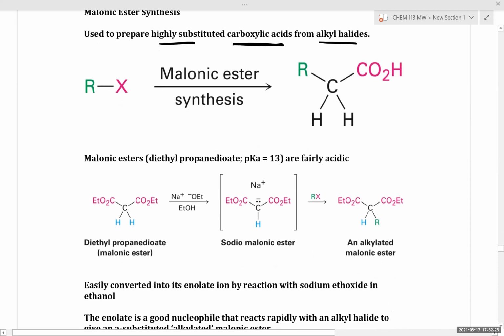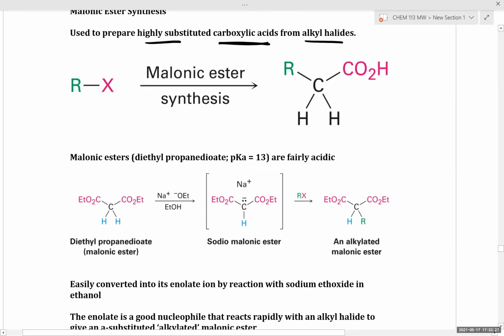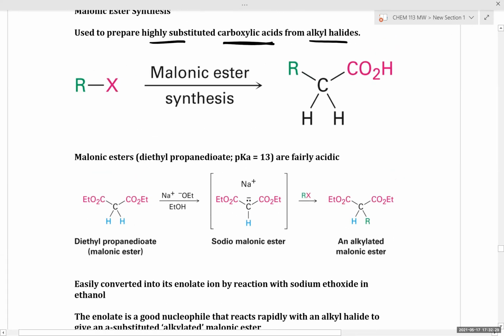However, the main benefit is that malonic esters, for example, such as diethyl propane dioate, have a pKa of around 13 and are fairly acidic. Thus, you can readily convert this malonic ester into its corresponding enolate using relatively weak bases such as ethoxide.